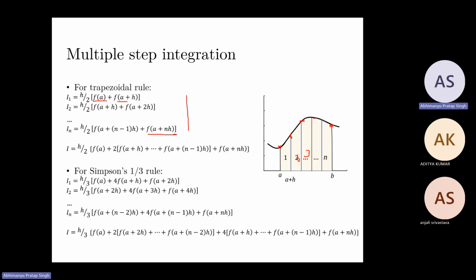So all the other points we are getting two number of times, right? So if I add all of these together, I get this formula: h by 2 f(a) once and f(a+nh) once, and all other points I'm getting two number of times. Okay, so this is the formula for the trapezoidal rule for the multi-step integration. Any doubt in this part, the multi-step for the trapezoidal rule?